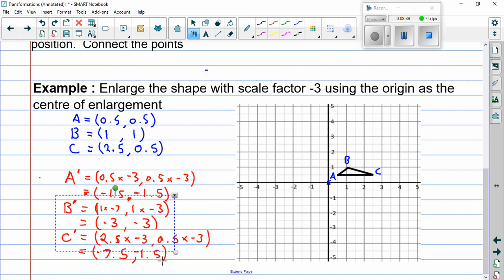So let's plot all these new points that we have. We have negative 1.5, negative 1.5, so this is our A prime. B prime is then at negative 3, negative 3, so we'll call this B prime.